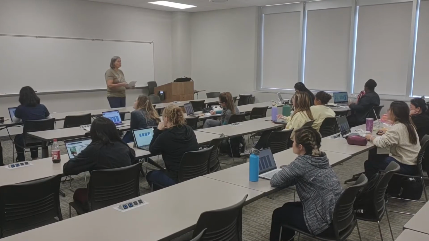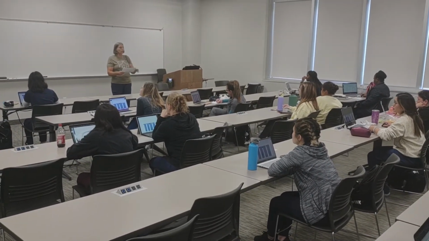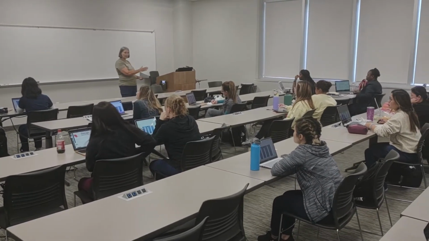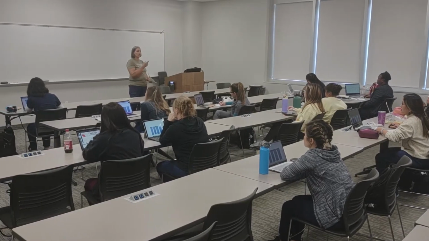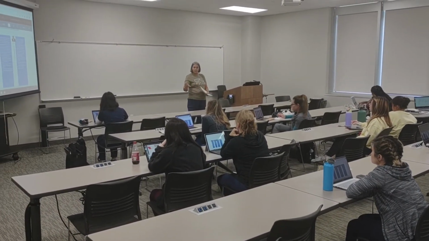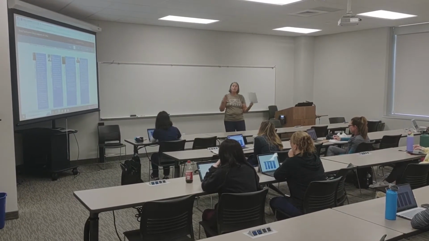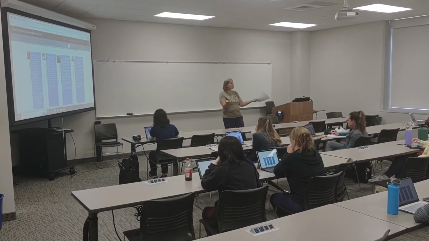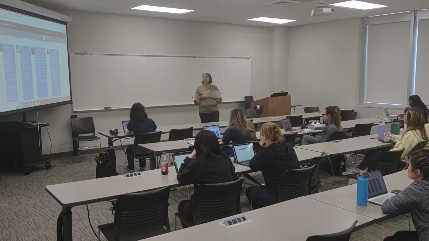A pack year is the number of packs per day times the number of years you smoked. So either he smoked 12 and a half packs a day for 50 years, or he smoked 1 pack a day for 25 years, or 2 packs a day for 12 years, but he smoked 25 pack years. It equilibrates the amount of nicotine they've taken in depending on how much they smoke during the day.